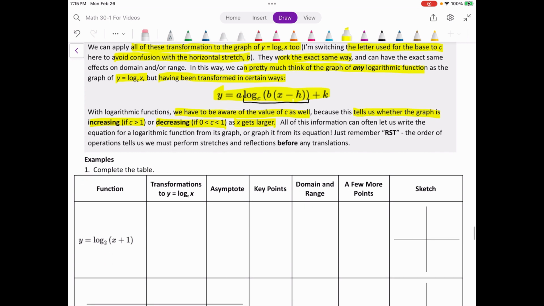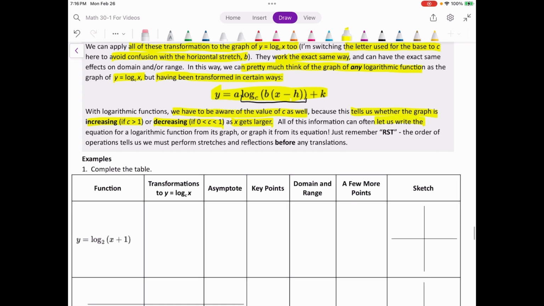And all of this information can let us write the equation for a logarithmic function from its graph, or the graph from its equation. Just don't forget our RST, order of operations. Reflections and stretches have to come before translations, because reflections and stretches multiply x and y. And multiplications have to come before additions or subtractions, which is what translations do to every x and y point.